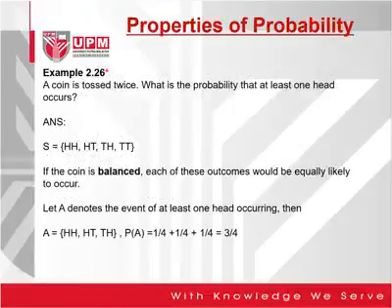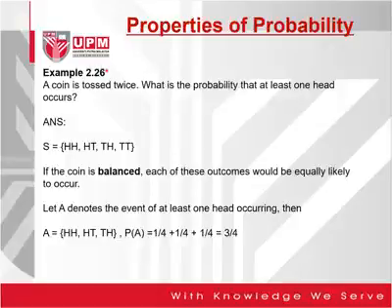Okay, a coin is tossed twice. You have one coin and you toss it 2 times, and you list down all the possible outcomes. S represents all possible outcomes: HH, HT, TH, and TT. Because you use one coin and toss it more than once, HT and TH are not the same. So altogether there are 4 possible outcomes.